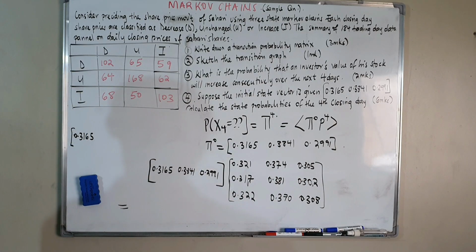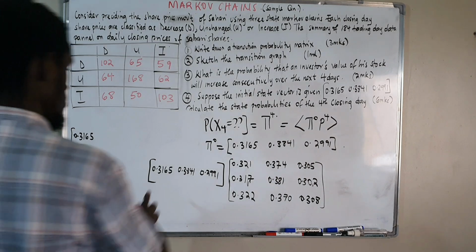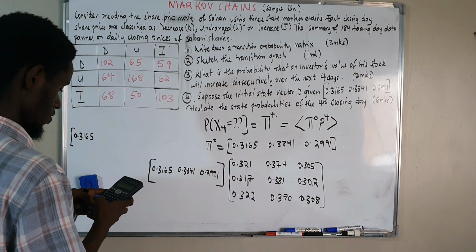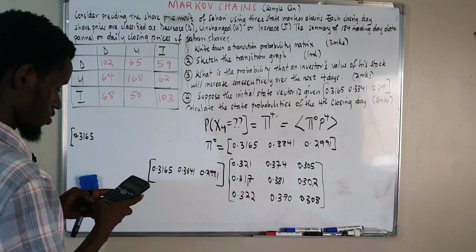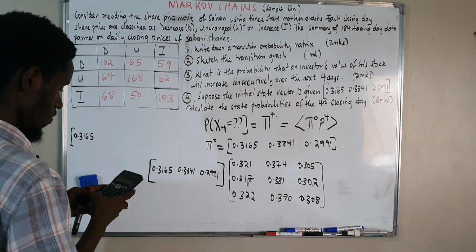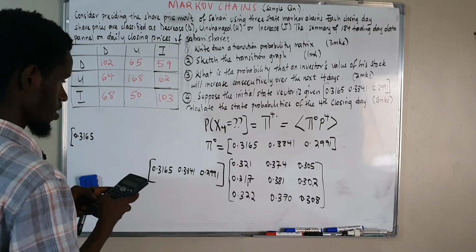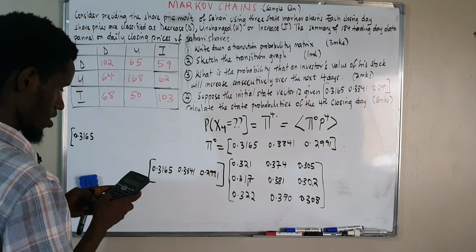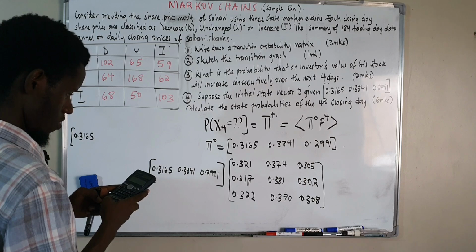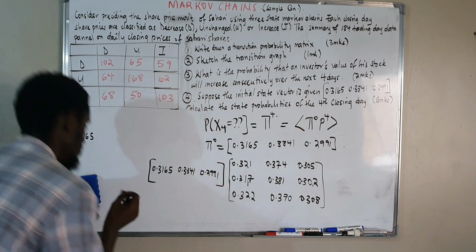We multiply row by column: 0.3165 into 0.321 plus 0.3841 into 0.317 plus 0.2991 into 0.322.